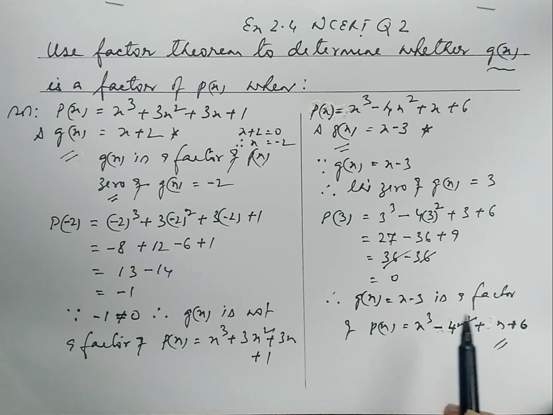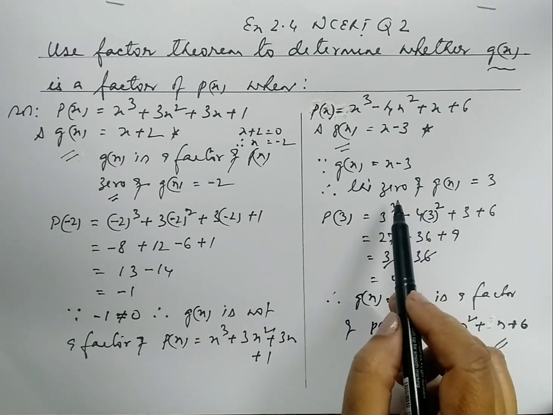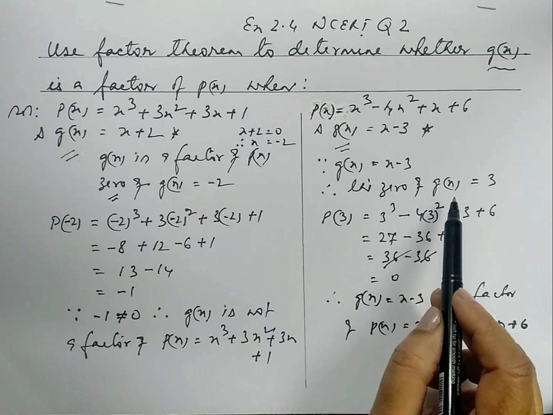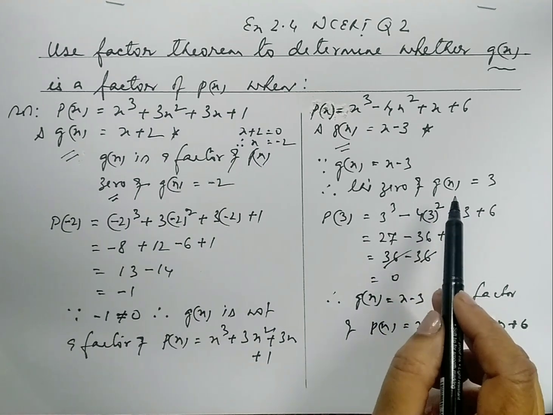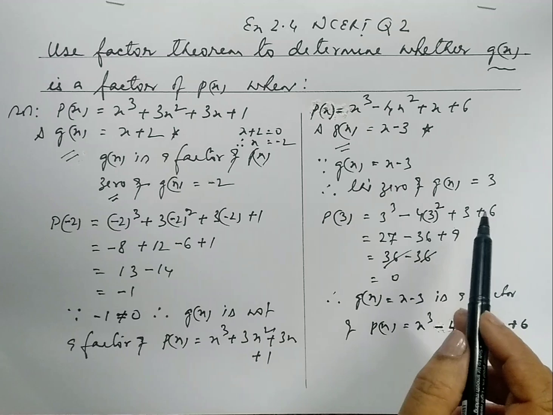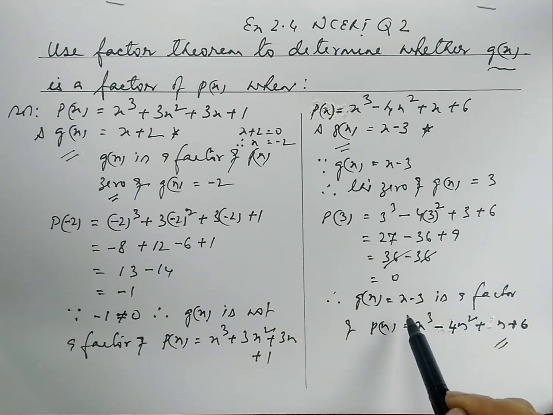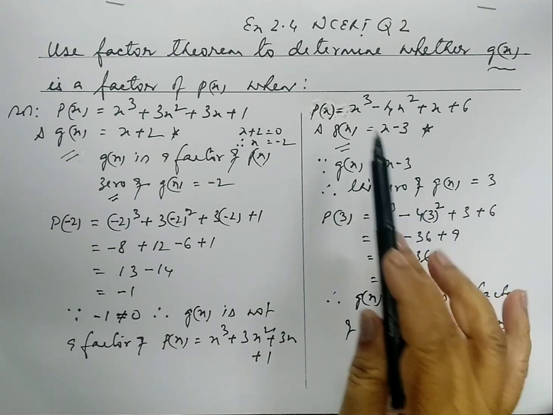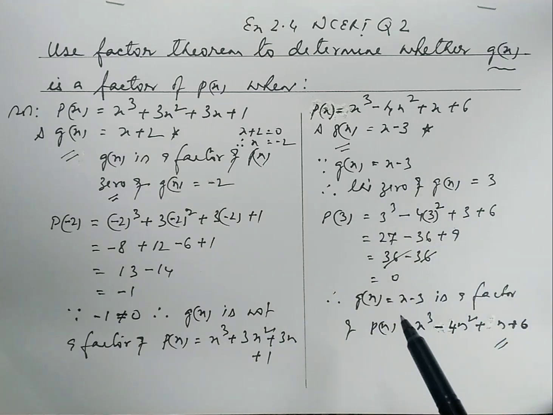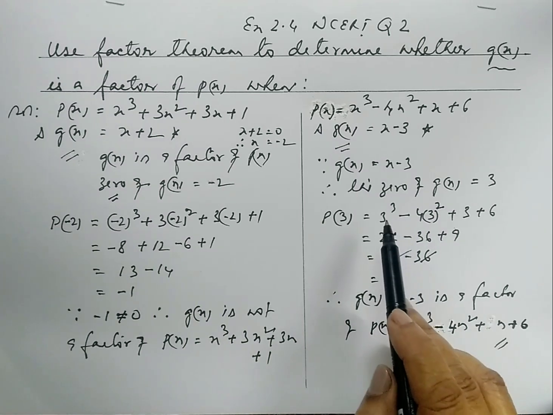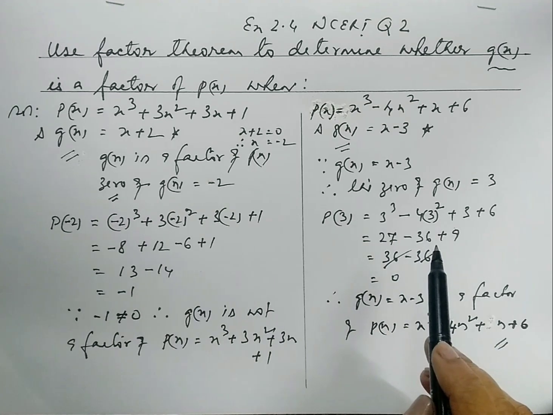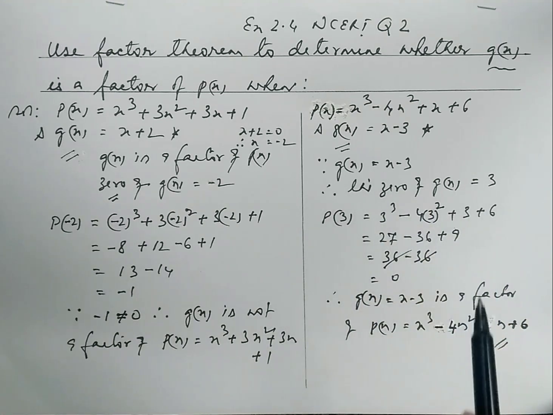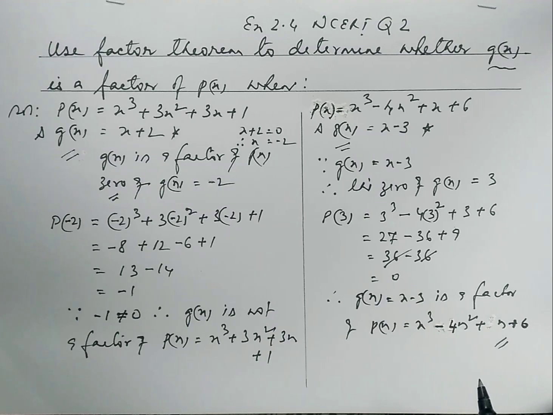You have to remember that first you find the zero of any factor that they put before you, and substitute it for all the x's in the polynomial. After which, if you get a 0, it is confirmed that it is a factor of the main polynomial. Otherwise, it is not. Simple.